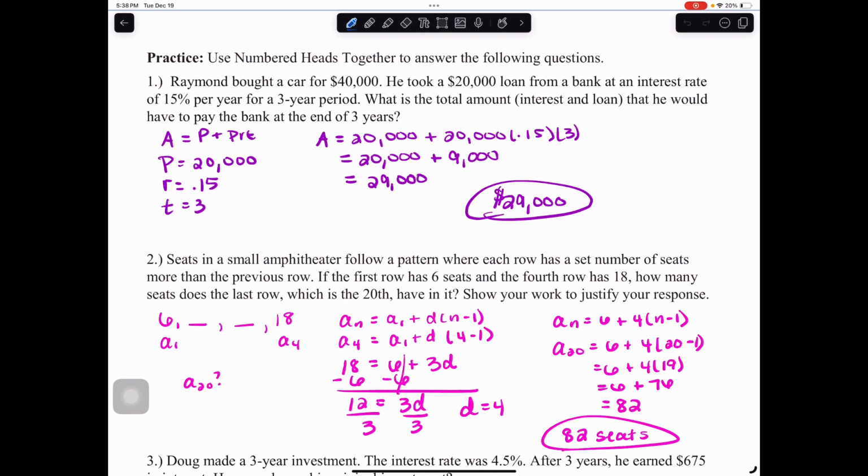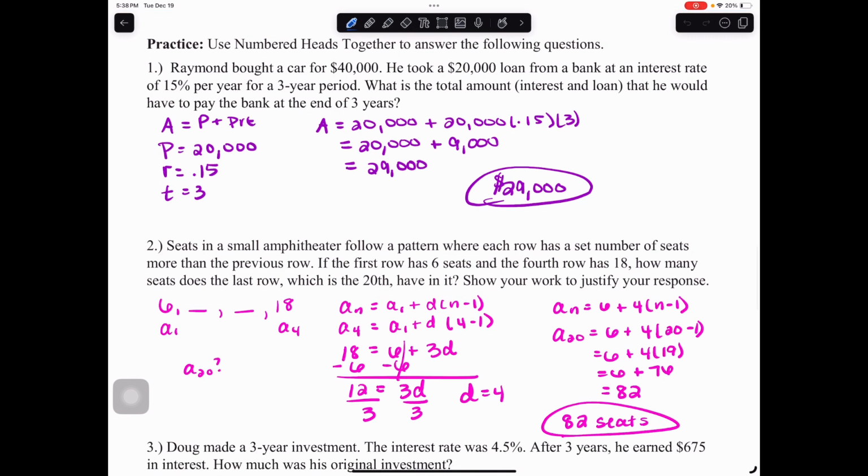I use the formula A equals P plus PRT because I don't know the interest. It's going to have to get calculated. So I plugged in 20,000 for both P values, 0.15 for R, and 3 for T, and I calculated that it was $29,000.